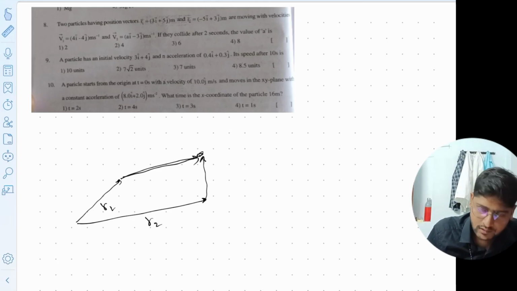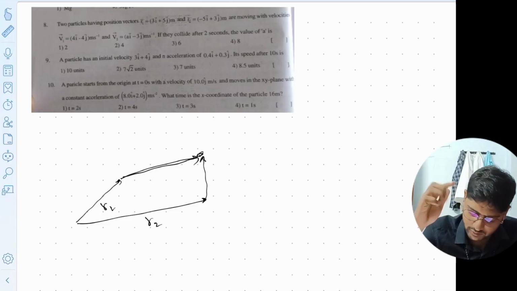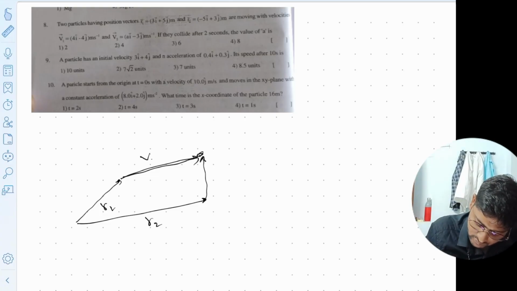So when they move, what will this displacement be? Displacement equals velocity into time. Displacement will be v1 into time, and this will be v2 into time.